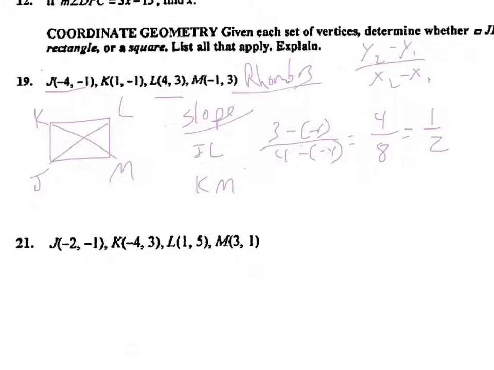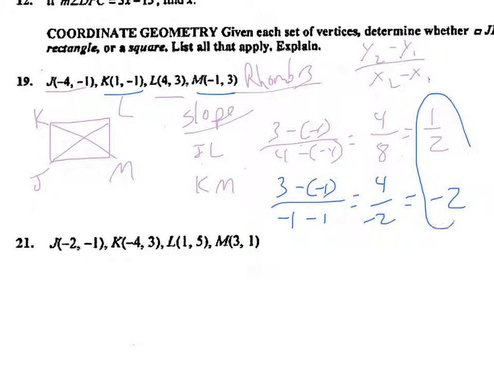For KM, we'll say 3 minus negative 1 over negative 1 minus 1. That ends up being 4 over negative 2. That slope is negative 2.